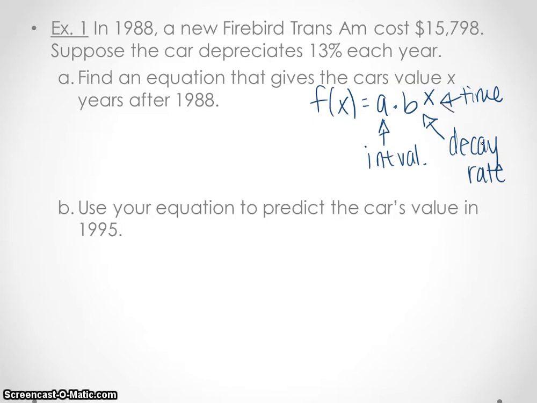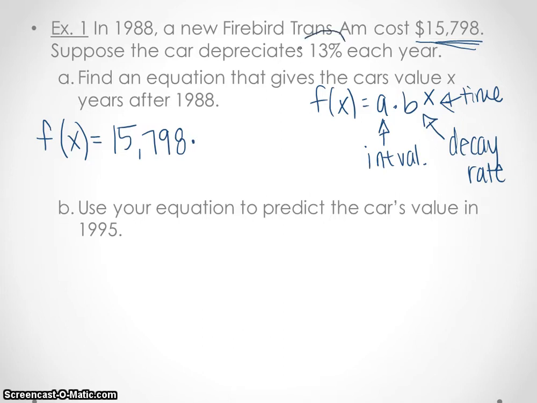This is the same thing as growth rate, except it's going to be less than 100% instead of greater than 100%. So we're going to start off saying f of x for our function equals our initial value. That part's easy. Our initial value was $15,798. So we write that right here. And then times our decay rate.